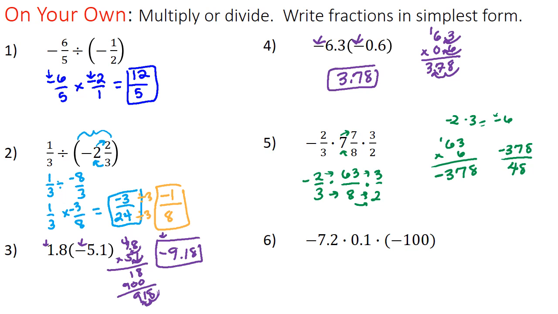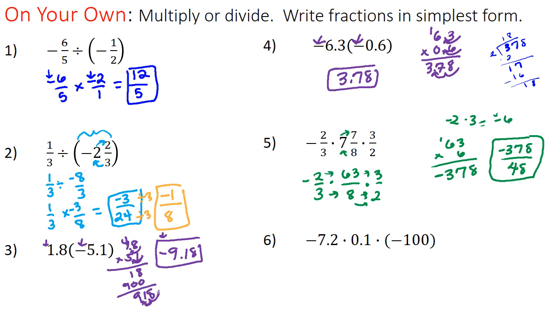Now this is an answer that I'm going to get, but we can continue to simplify this answer because I can see both of these are even. So I can take 378 and divide it by 2. So 378 divided by 2. 2 goes into 3 one time, so that's going to be 2, minus, I'm going to get 17. 2 goes into 17 8 times, so I'm going to do 16, minus, that's going to be a 1.